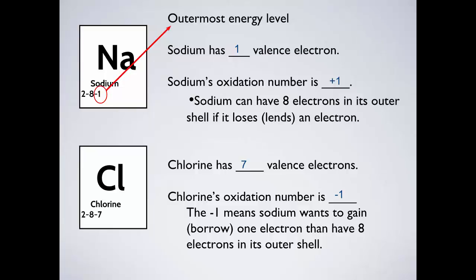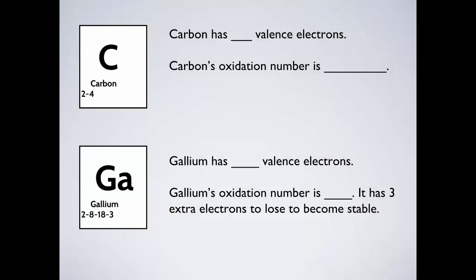So its oxidation number is -1. Carbon. Carbon's a little strange, because how many valence electrons does carbon have? 4. So it's just as easy to gain 4 as it is to lose 4. So carbon could be a +4 or -4.